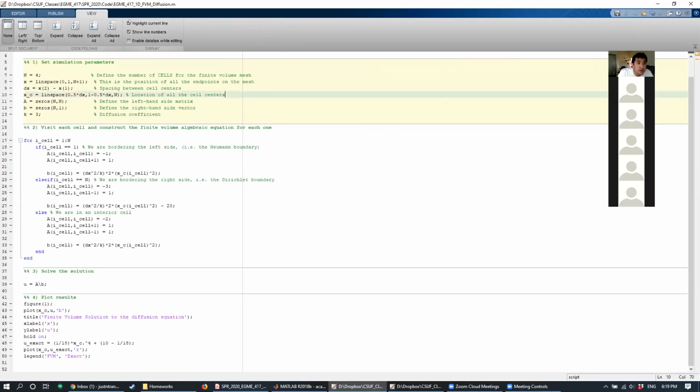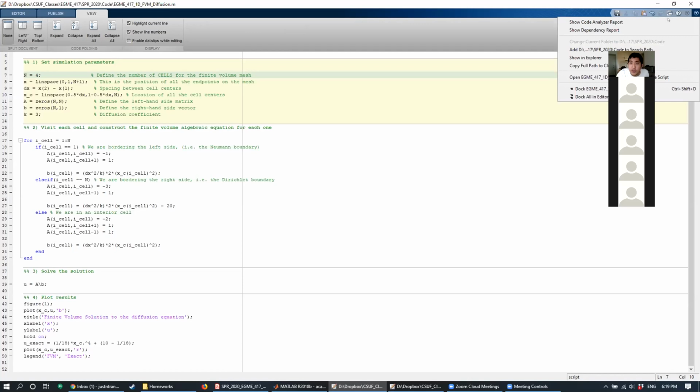I'll figure out how to zoom in another time, because it's a little bit hard to read. But I'll explain things line by line. Can everyone read the code okay on their screen? It's a little bit small.